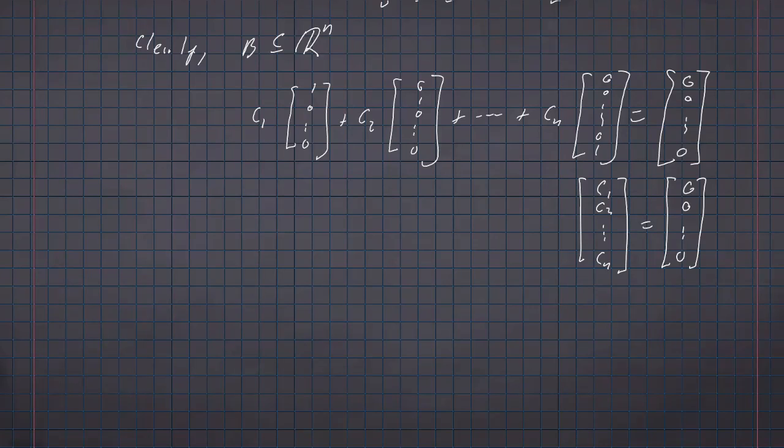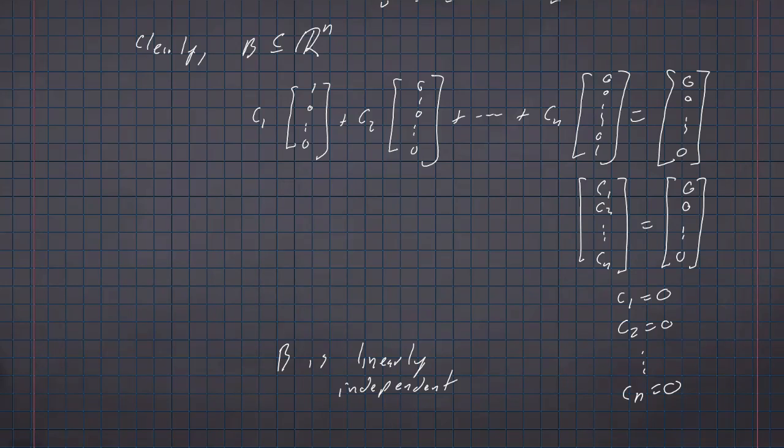And we know that the only way that can happen is if C1 is equal to 0 and C2 is equal to 0 and all of the C's are equal to 0. So we can conclude that this set B is linearly independent.